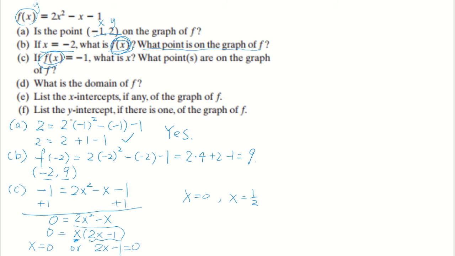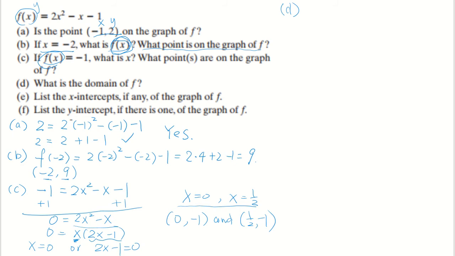So when f of x equals -1, your x is equal to 0 or 1/2. The corresponding points are (0, -1) and (1/2, -1). Okay, so that's C.